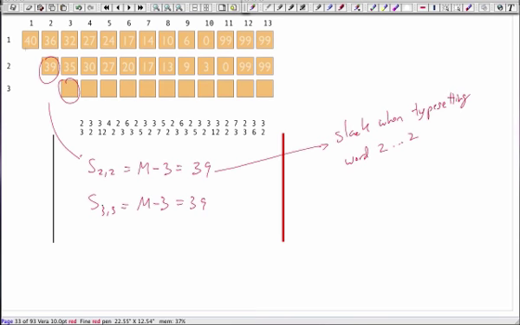The second word is was, so the slack would be 39 characters. The margin is 42, the second word is was, the slack would be 39. Right? Sij is going to be the slack of typesetting the ith word to the jth word on one line. Does that make sense?